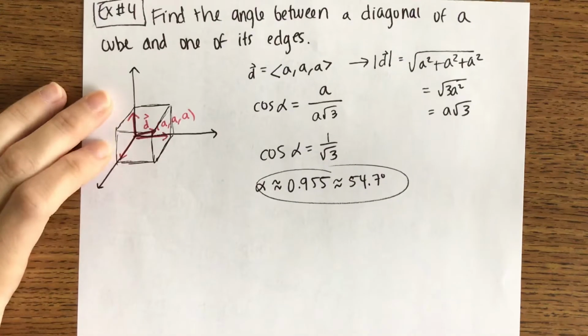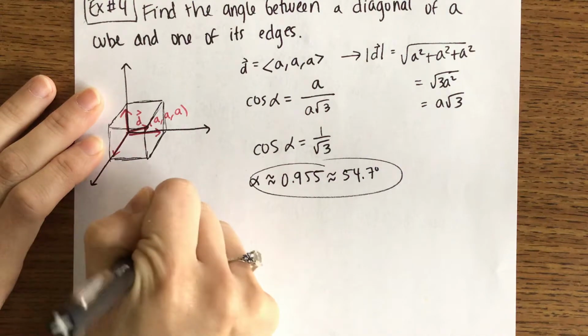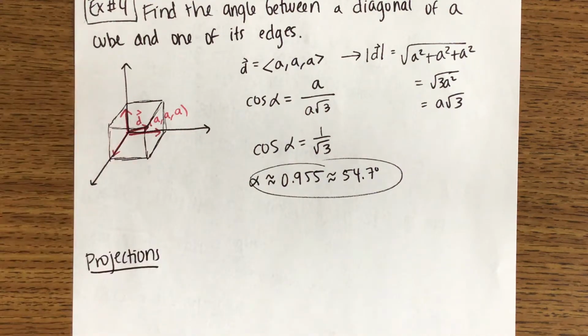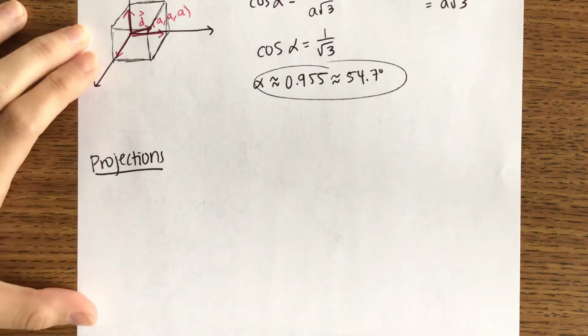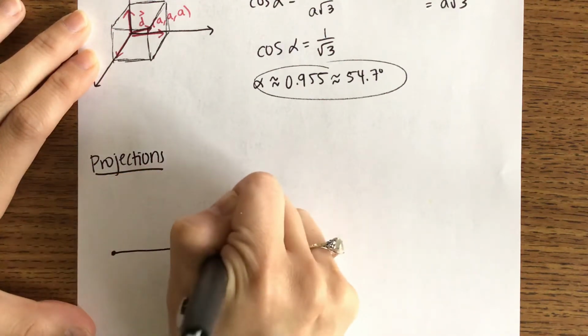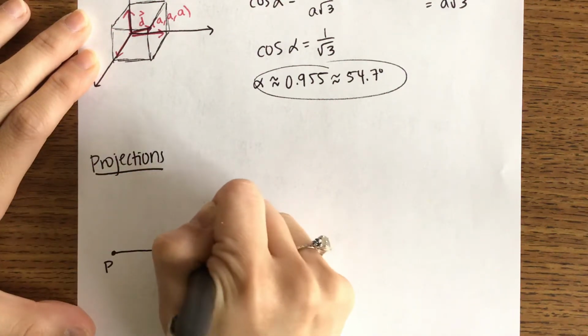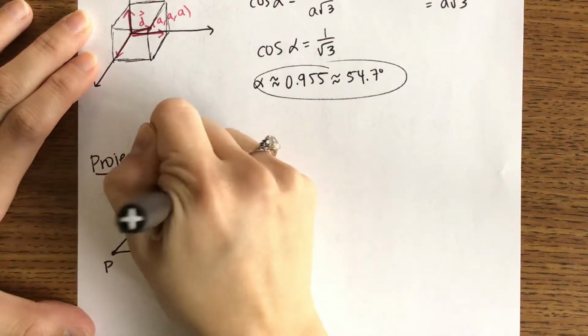Next thing we need to talk about is projections. Okay, so here's what we're looking at. Let's say we have 3 points. We have point P, which is heading towards Q, and then we have some point R up here.